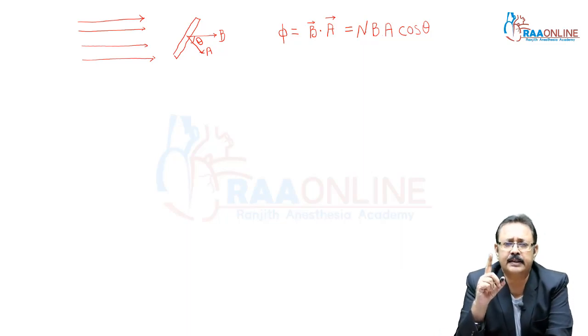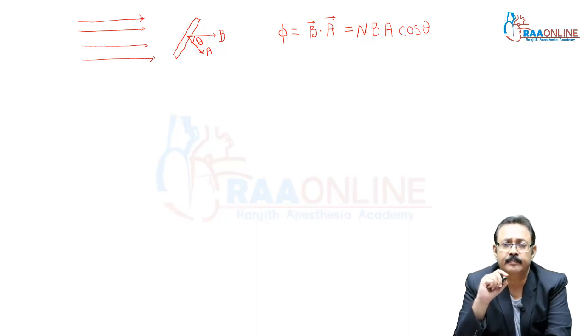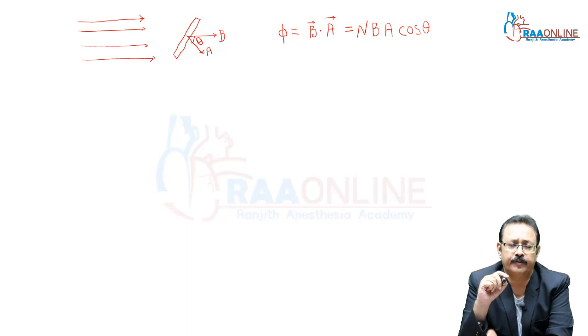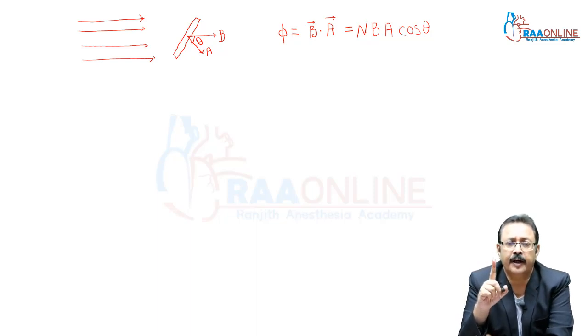Suppose theta is continuously changing. It means flux related to coil is changing. According to Faraday, there should be EMF and it should be equal to rate of change of magnetic flux.